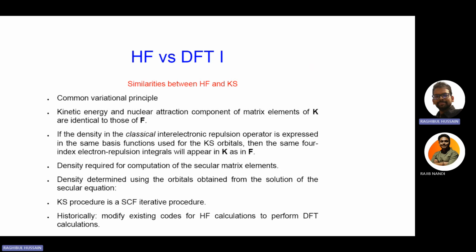Whatever one-electron orbitals it generates, you use as a starting point for your DFT calculation, because you have to give a guess density there. So we are not putting in extra code. Whatever code exists for the wave function theory, you just use that and add the density functional part. So your life has become very easy.